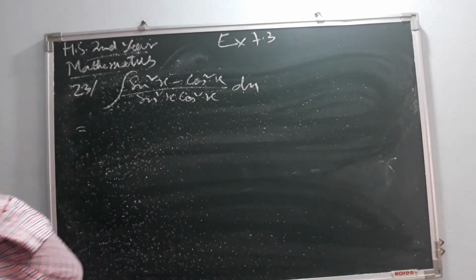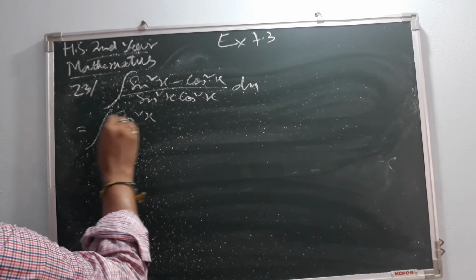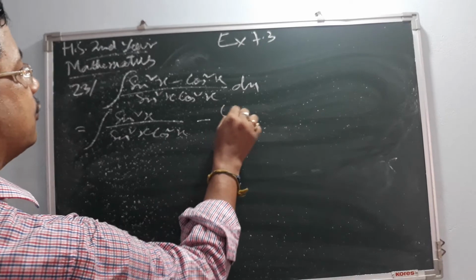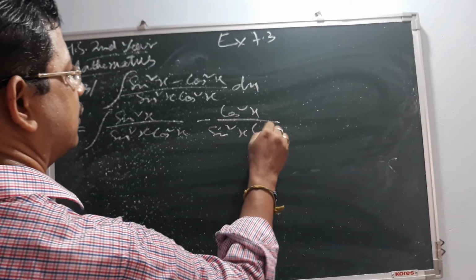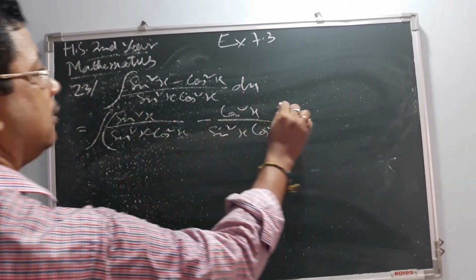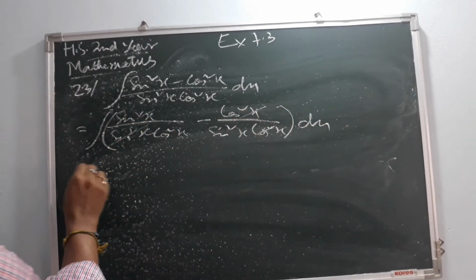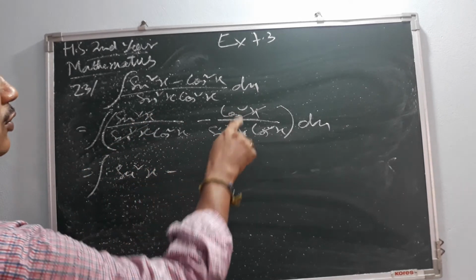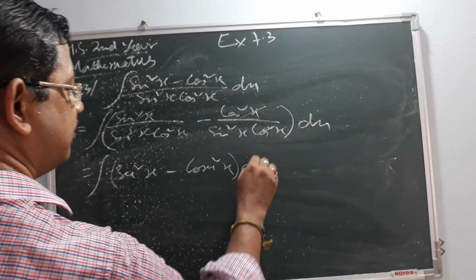If I break this one, it is sin square x by sin square x cos square x minus cos square x divided by sin square x cos square x, whole thing dx. Students, we can cancel this one. So ultimately it is 1 by cos square x, so it is sec square x, minus cosec square x dx.